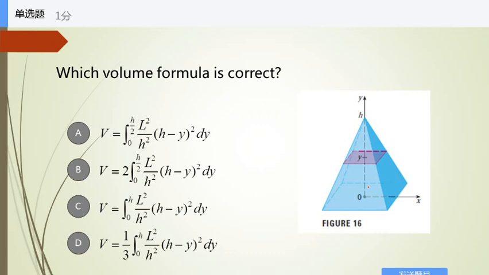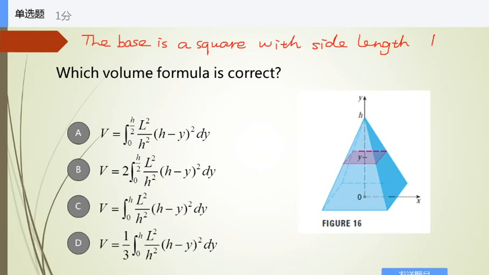Now let's check this quiz, okay? This is the model of the pyramid, and the base is a square with side length L, big L. And the height of this pyramid is h.